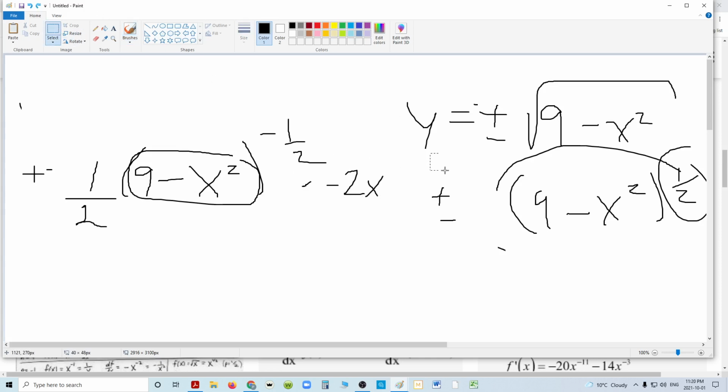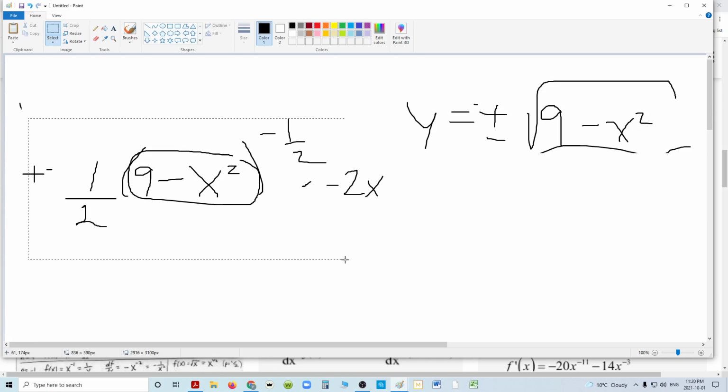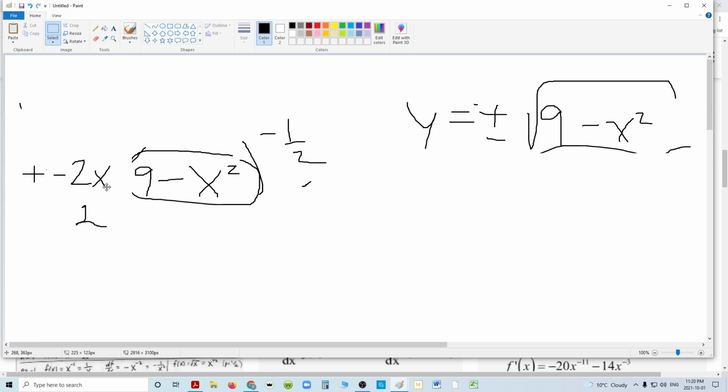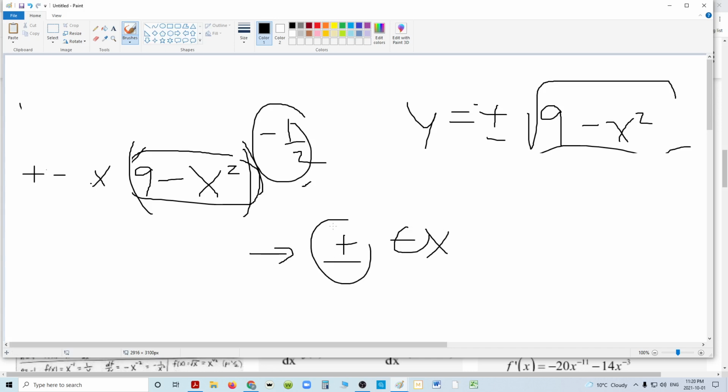So far, so good. When I look at this, this minus 2x multiplies over to here, and it becomes minus 2x over 2. It's clear the 2's cancel, and I've got minus x in front times this bracket, which is to the power of minus a half. Well, that's the same as plus or minus, and you don't need the minus x anymore because the plus or minus accounts for both a minus x and a plus x.